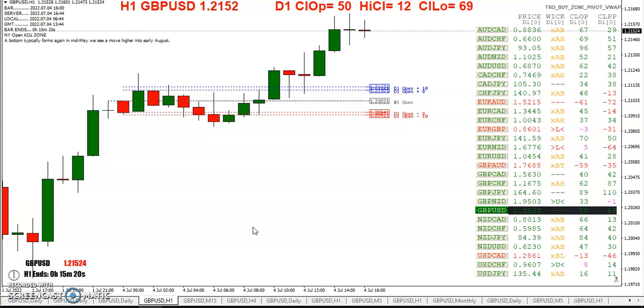Okay, notice we've got the buy zone here with the pivot, and I used to have the VWAP on there, but the VWAP really chews up a bunch of CPU cycles and just slows things down. VWAP is the volume weighted average indicator.